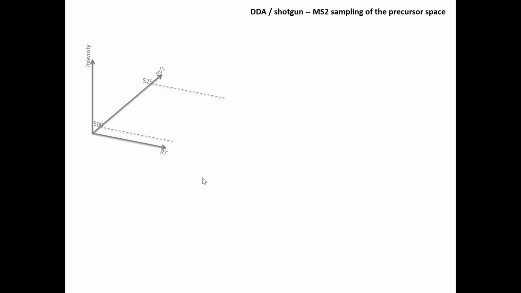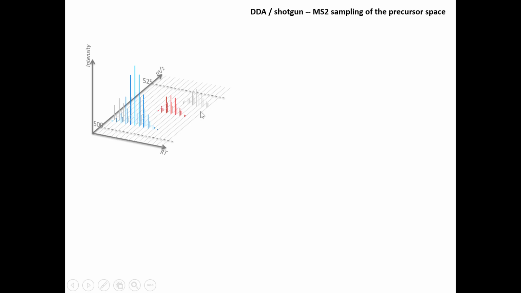So let's see how it looks for DDA. Here we have a zoom in of the mass range, from 500 to 525. Each one of these gray lines is a precursor scan, an MS1 scan in the instrument. Some peptides are eluting chromatographically, with a nice chromatographic elution.